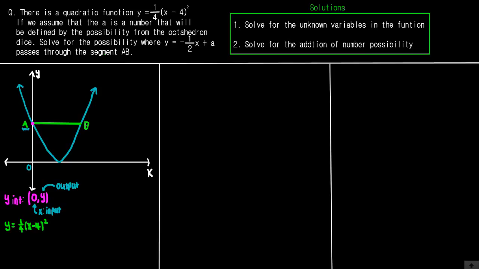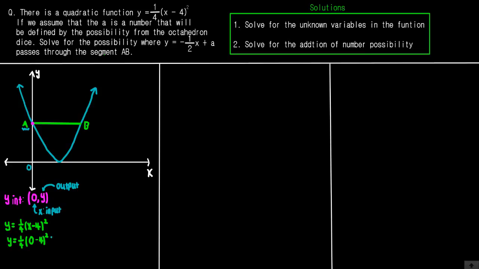So if we input the x value as 0, we're going to get y is equal to 1 over 4 times, instead of the x value we input 0, and we still have negative 4 and a square.